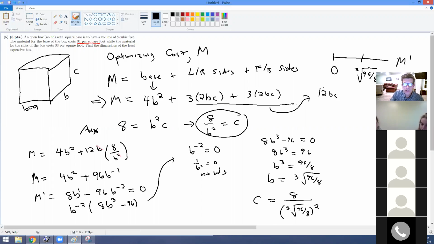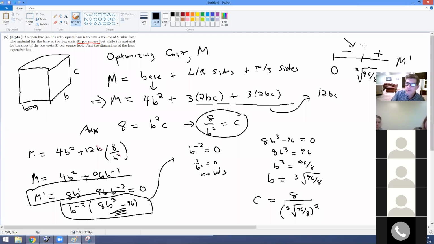If I plug in something bigger than the cube root of 96 over 8, like a million, this term will be positive. The other term's always positive. If I plug in something like 1, I can see this second factor will be negative. So that does confirm it's a local, in fact, global min.